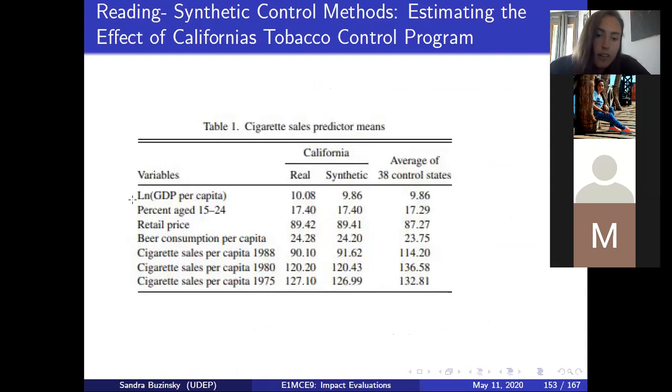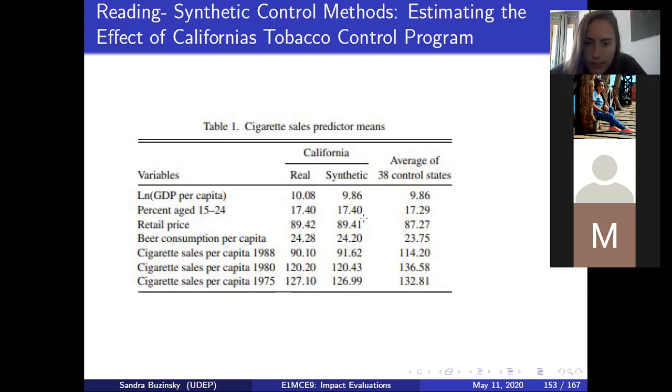So log GDP per capita. Oh, I thought it was individual income. That makes more sense. Percent age 15 to 24. Retail price, beer consumption, and then cigarette sales in 3 different years, 1988, 1980, and 1975.